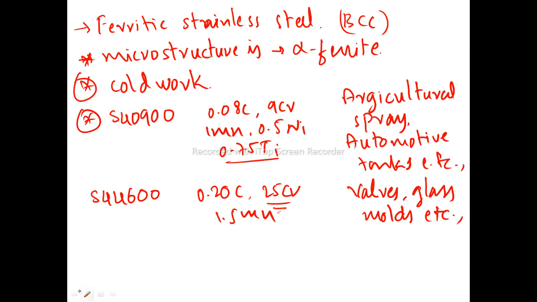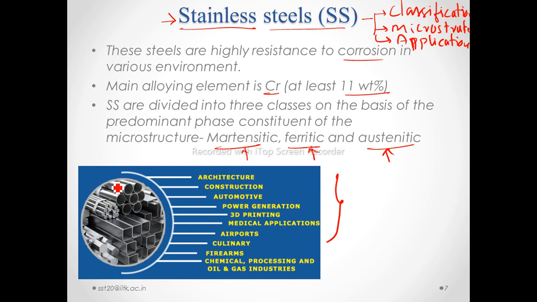This is all about stainless steel. As I have mentioned on the figure, it can be used in applications in agriculture, construction, automobiles, tanks and other things, power generators, 3D printers, airports, fire alarms, chemical and processing equipment, etc. It has been used from the agricultural industry to the aerospace industry because of the corrosion resistance property, and the strength has been increased with the addition of alloying elements.